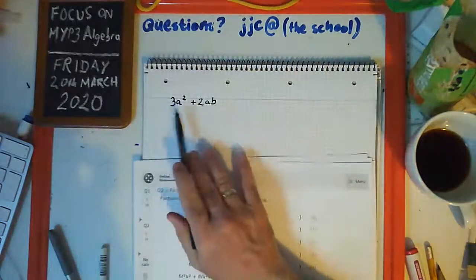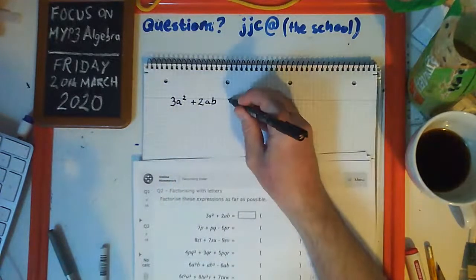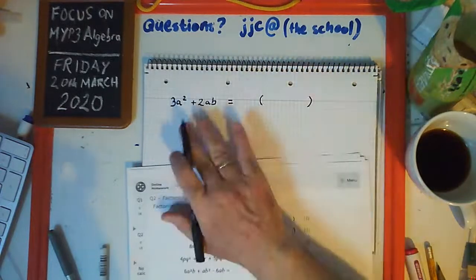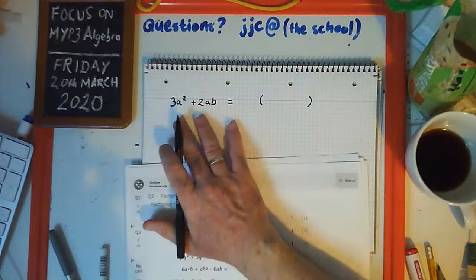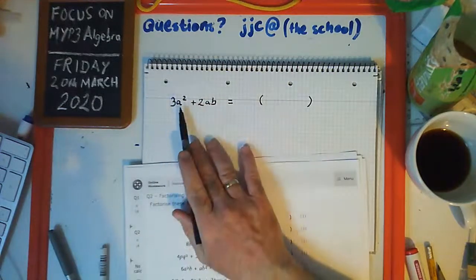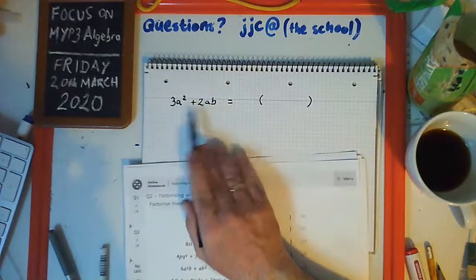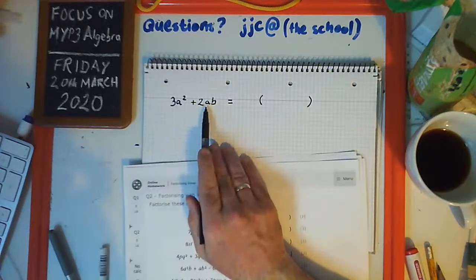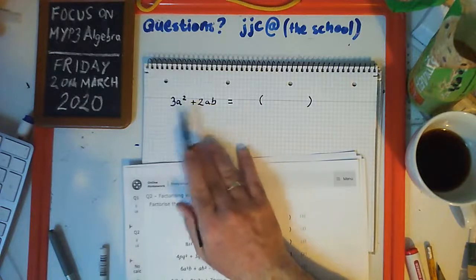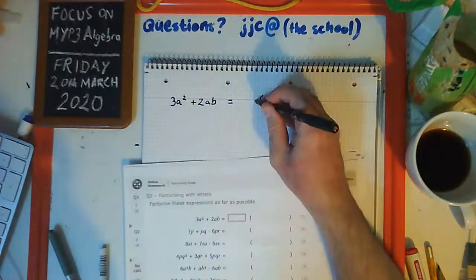So, for example, 3 and 2. Now, there are no common divisors of both 3 and 2, so there's nothing we can divide it by in terms of regular numbers. But they've both got things with a in them. So I've got an a squared there, and I've got an a there. So certainly I could divide both of those by a.